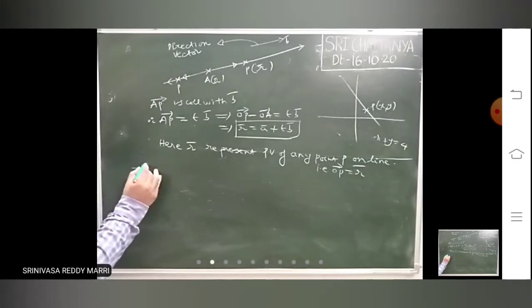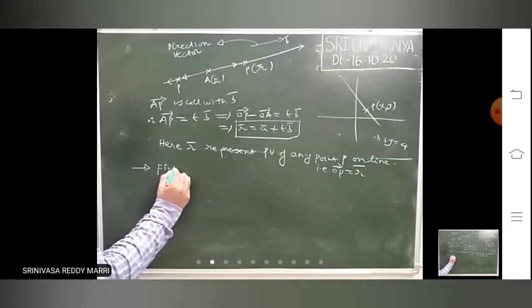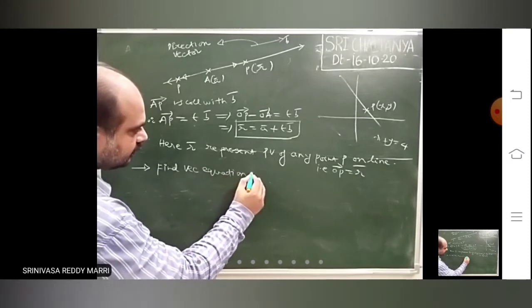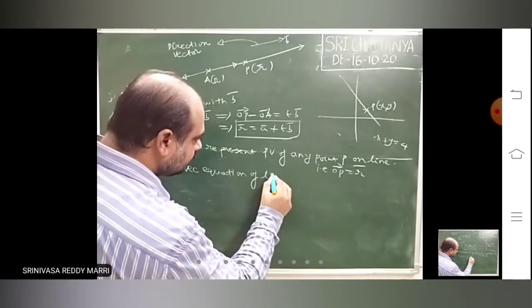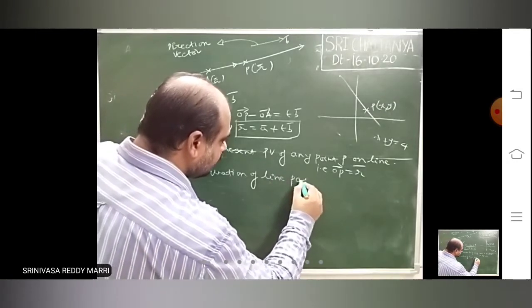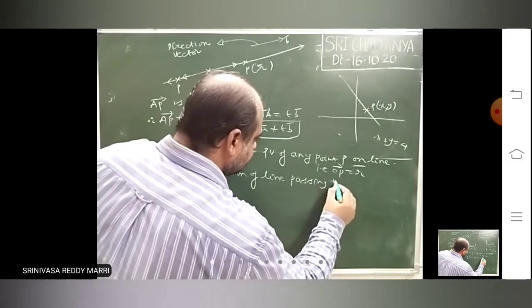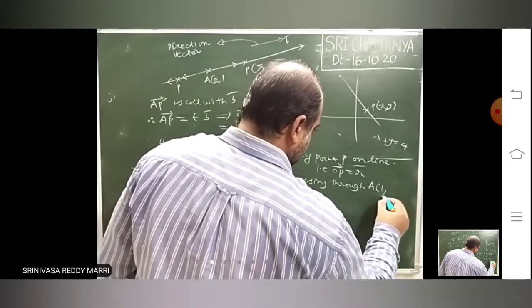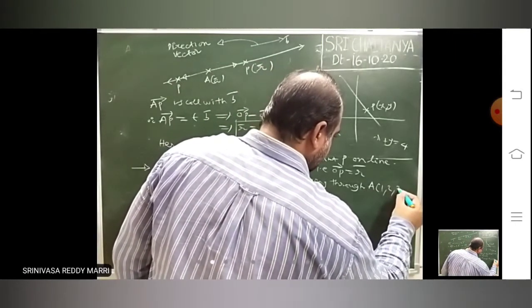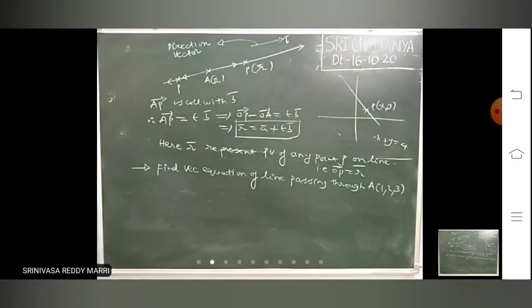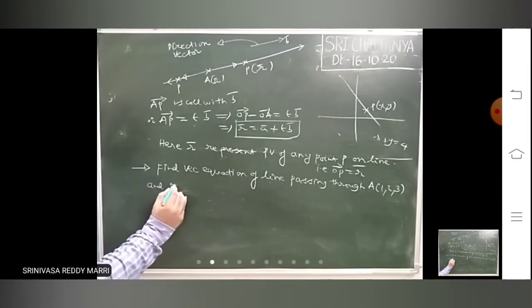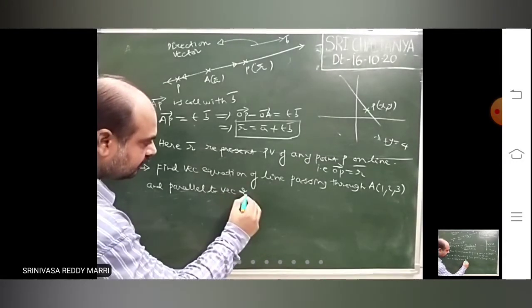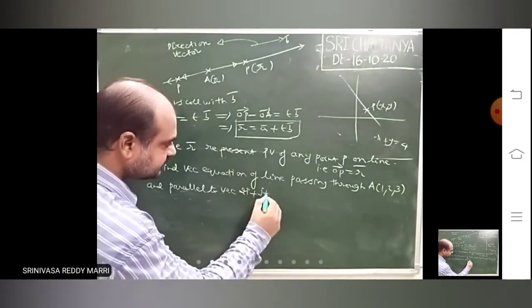Suppose we have to find the vector equation of the line passing through A(1, 2, 3) and parallel to the vector 2i plus j plus k.